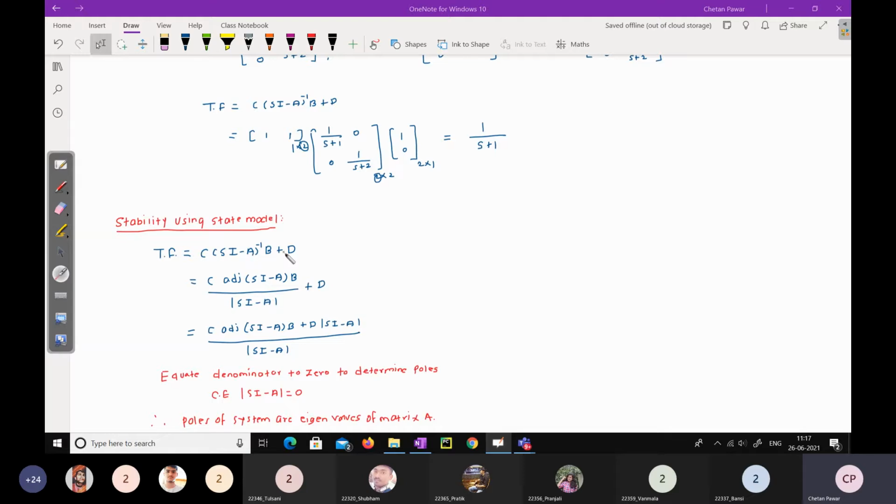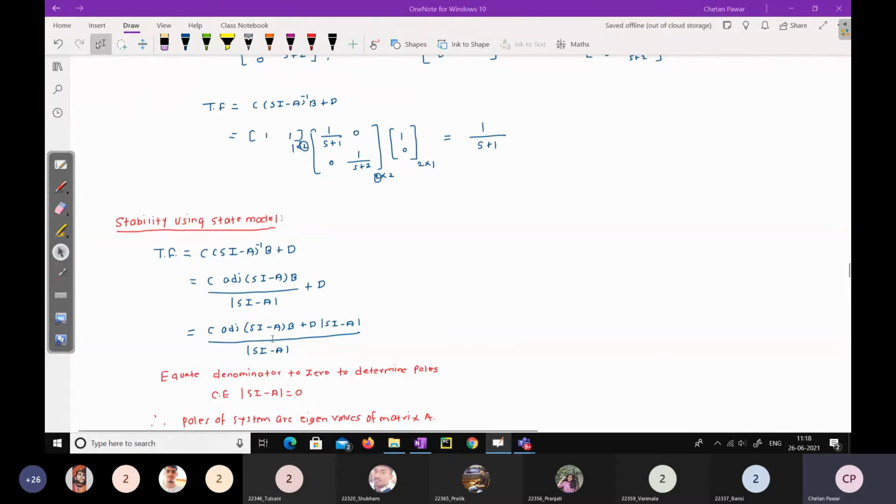As we know, (sI minus A) inverse is just the adjoint of (sI minus A) divided by the determinant. If you simplify it, in the denominator you get the determinant of the (sI minus A) matrix. So if you want to find the characteristic equation for this system, you can equate this determinant with zero, because this is the denominator of the transfer function.